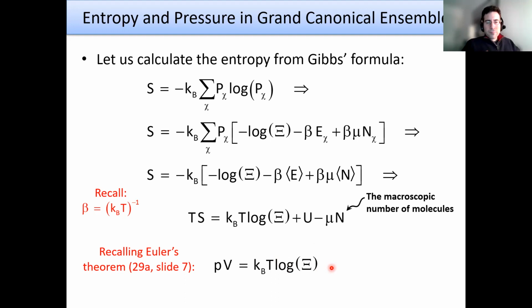And yeah, this applies also to other ensembles. So more complicated ensembles, again, have a simple relation with other thermodynamic potentials. This way you can use any ensemble that is convenient for your calculations in order to derive the equations of thermodynamics that you're interested in.